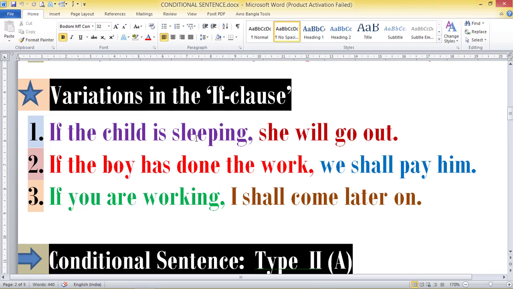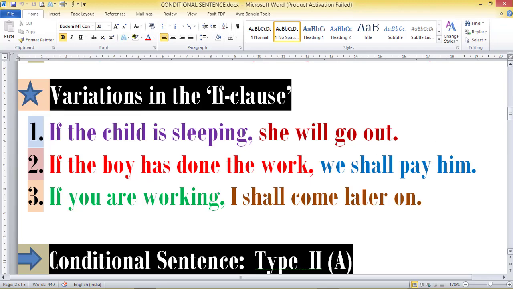If the child is sleeping, she will go out. Here, in case of conditional sentence type 1, in the if clause, we have used present continuous tense instead of present indefinite tense.